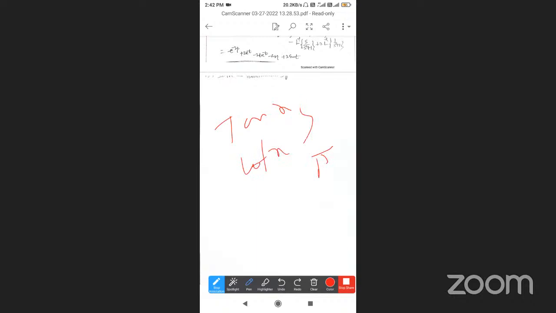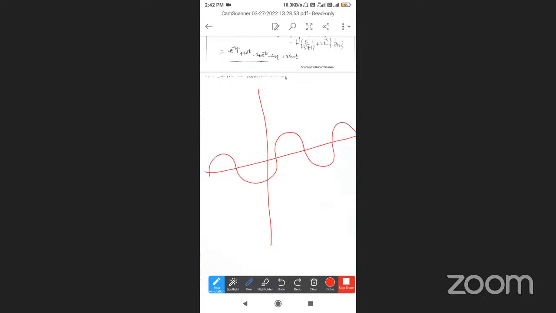This is the diagram of the sin and cos functions, where p is a positive number and is the period.